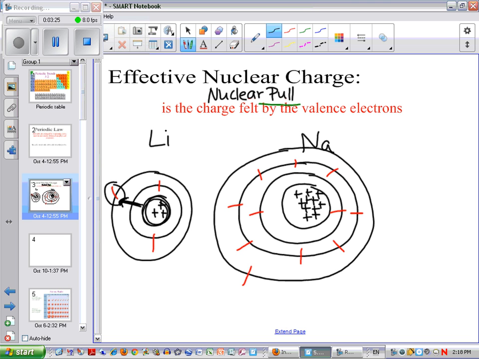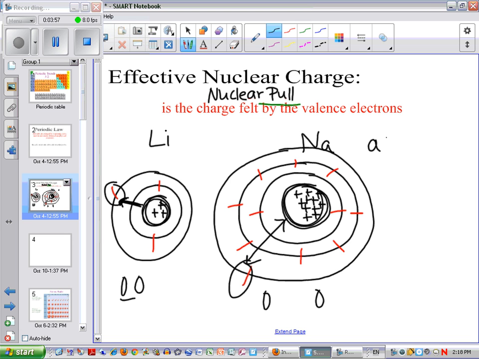Whereas sodium's valence electron out here, even though there's more positives pulling, look at the distance here. It's much, much greater. So it's a lot less pull, a lot less attraction. If you've ever taken 2 magnets and you hold them together about this far apart, they'll automatically suck together. But if you hold them this far apart, they don't have as much attraction to each other. And that's the exact same thing that's happening here with the electrons.